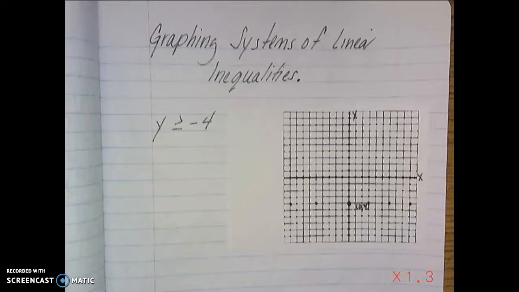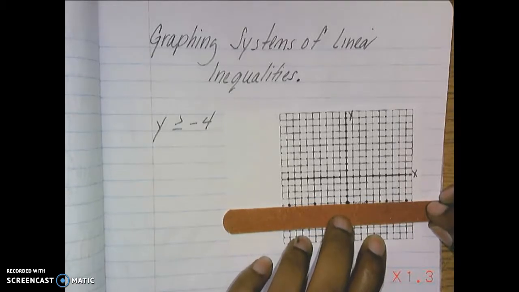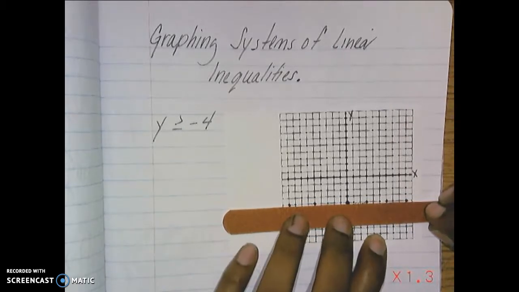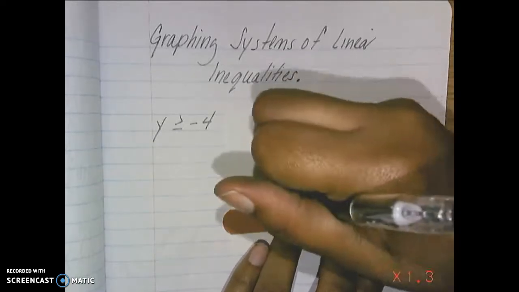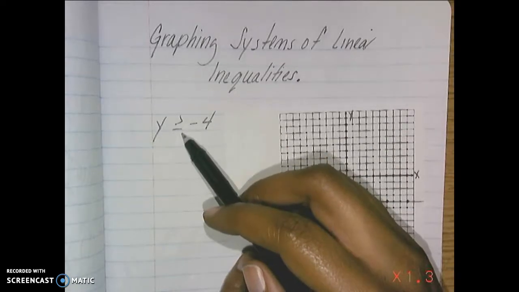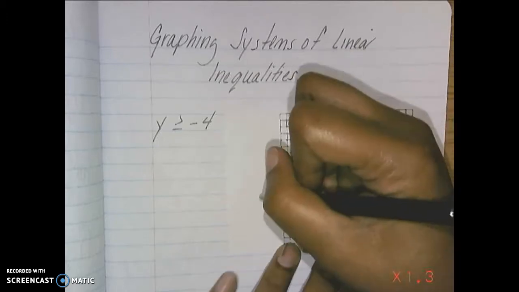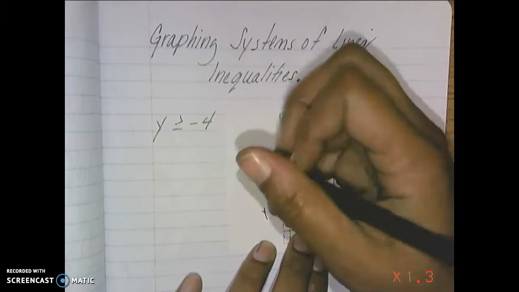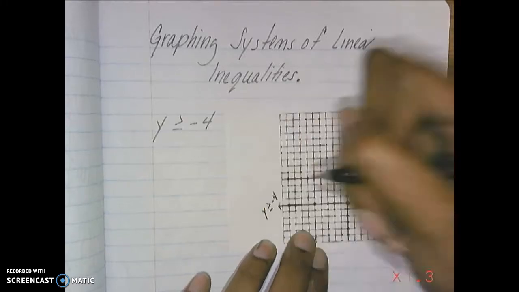So what that line is going to look like is a solid line, and my reason for the solid line is because I have a solid line underneath my inequality. I like to write it on the side: this is the line where y is greater than or equal to negative 4.